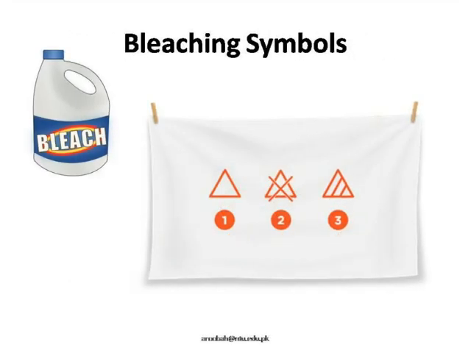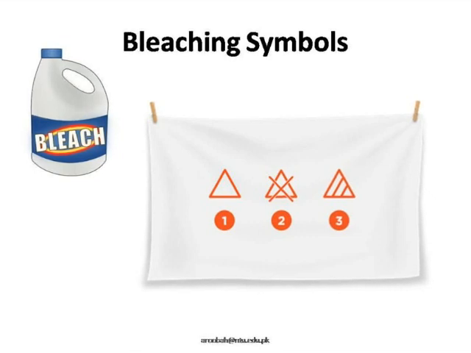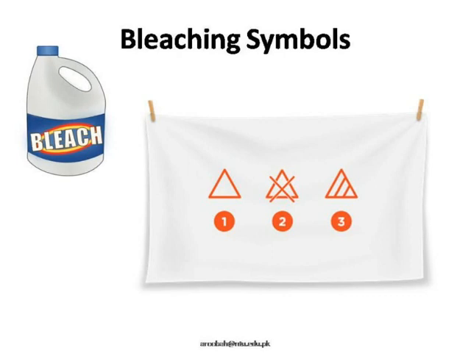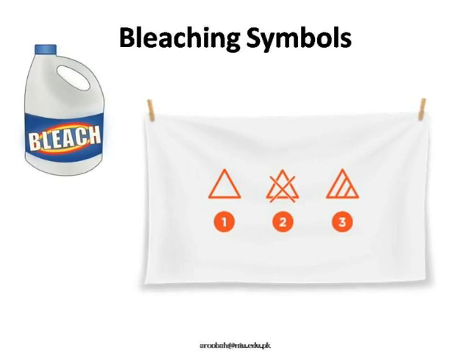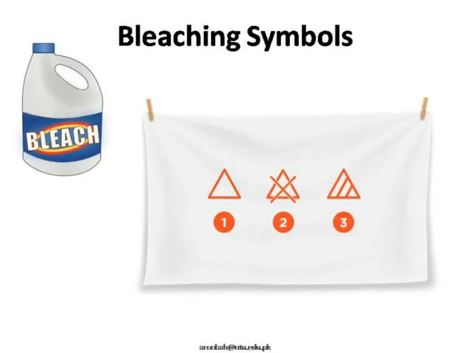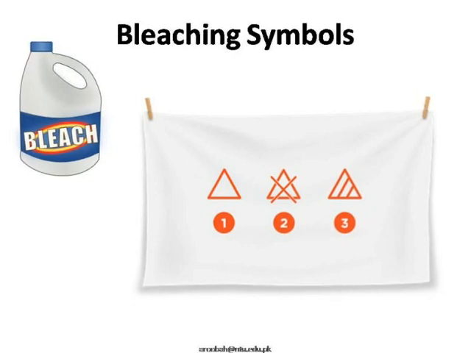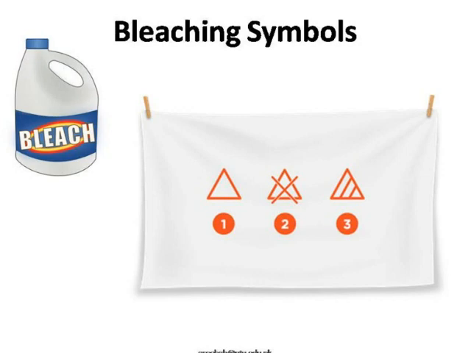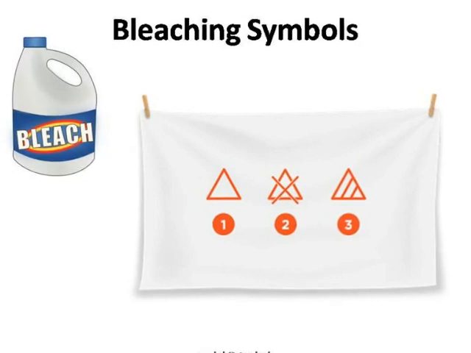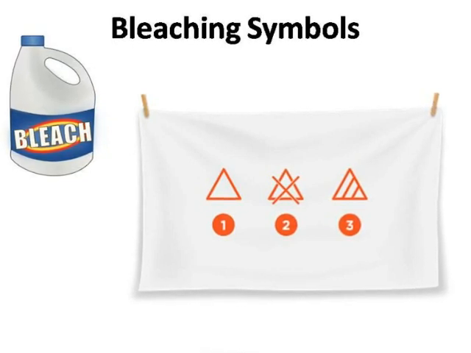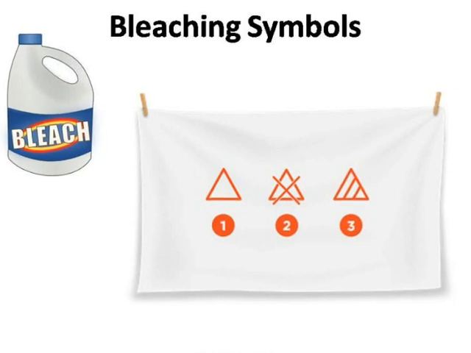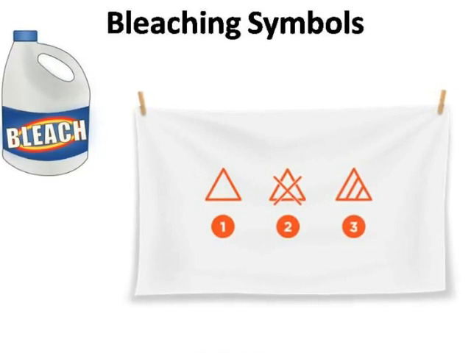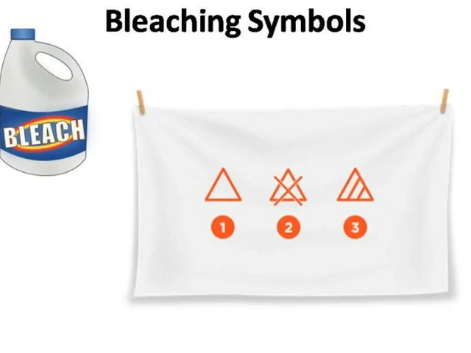If you want to use some bleach on your textile product, then it is very necessary to look at the care instruction label. It can be bleached or it cannot be bleached. The garment or fabric which can be bleached is indicated by an empty triangle present on the label as a care instruction, which means that bleach can be used.